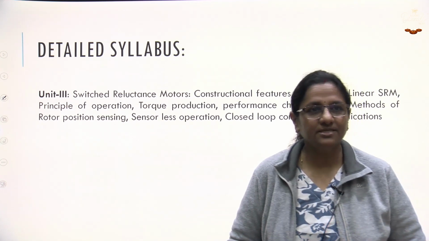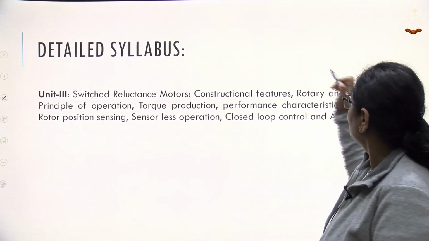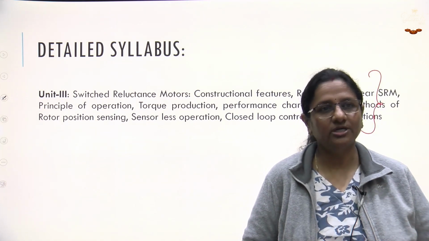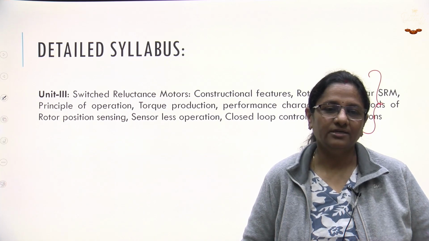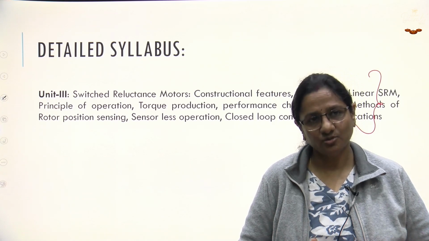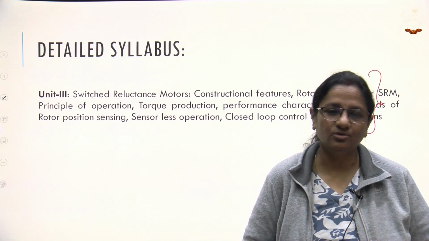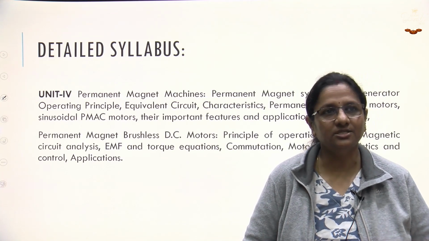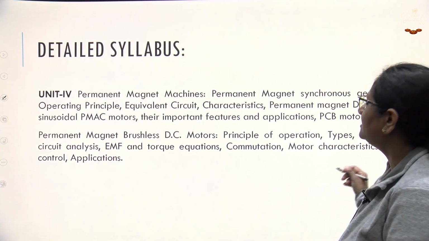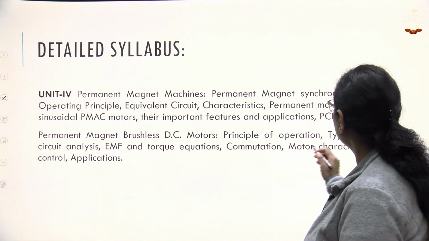Unit 3 is the switched reluctance motor, covering torque production, rotor positioning, the power electronic systems required for the operation of the SRM, sensorless operation, closed loop control, etc. Then comes unit 4, which is permanent magnet machines and BLDC motors.